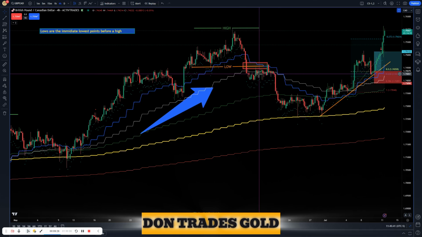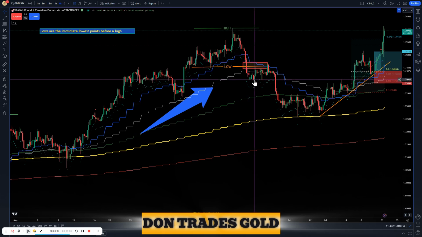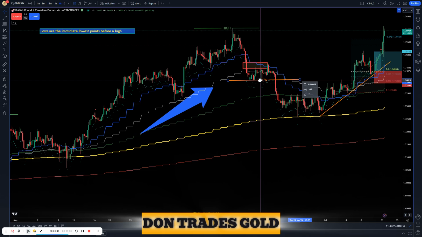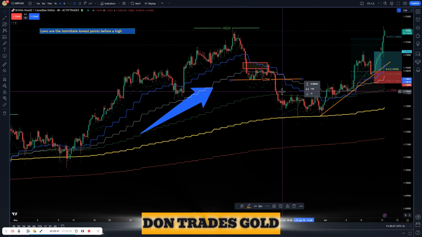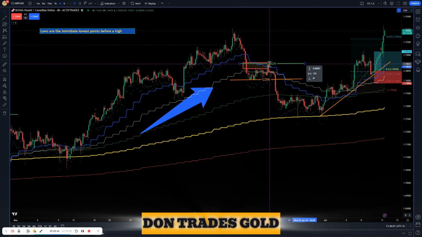The moment a lower high is formed and the previous low is broken, it's called a downtrend. So now the low is broken, it makes a low and it makes a high and it breaks this low. Now it's a downtrend. So this becomes the lower high now and it's a downtrend.